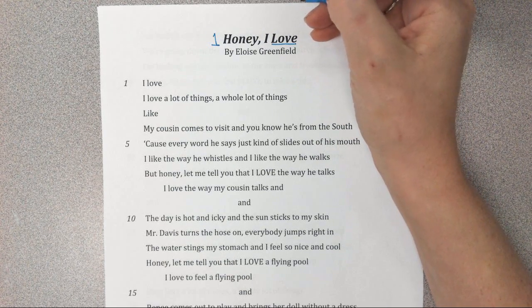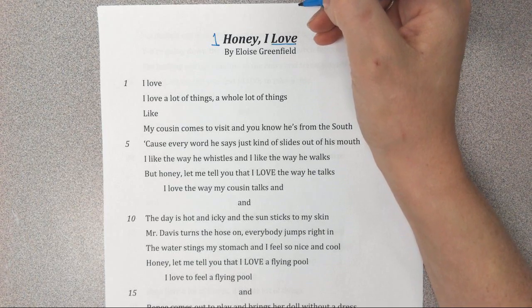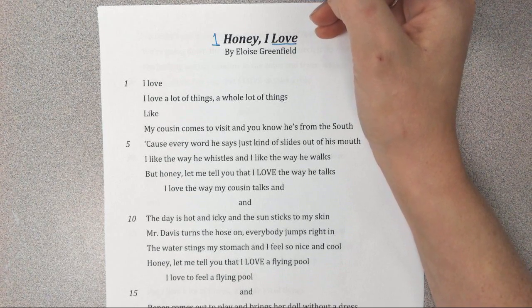Now the second thing I'm going to do is, are there repeated words over and over in the poem that kind of help us understand what it might be about?